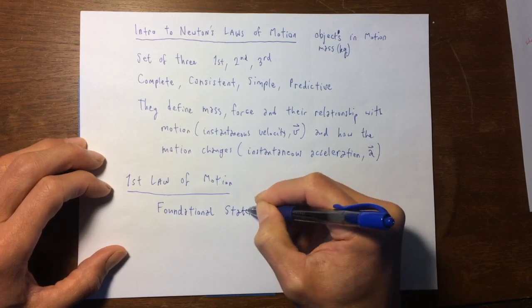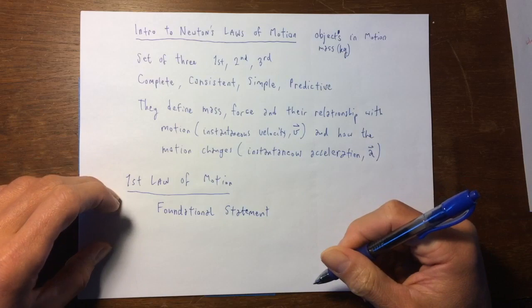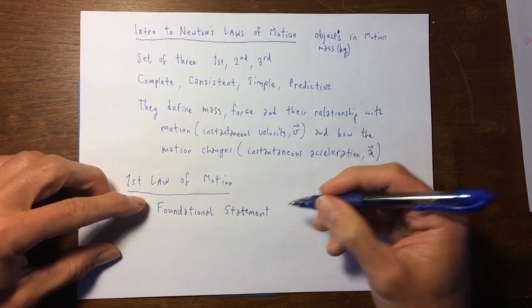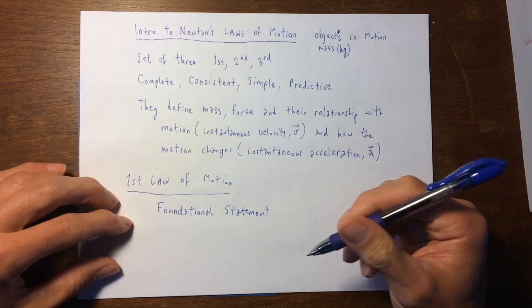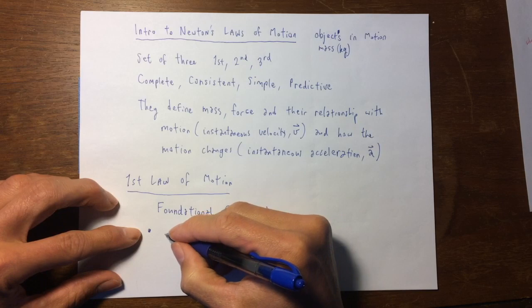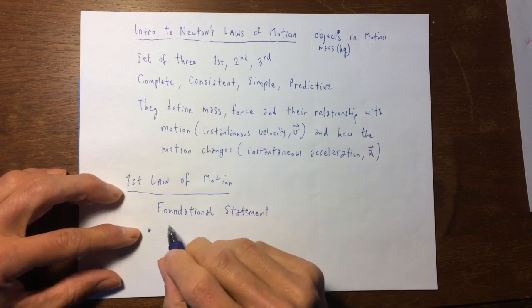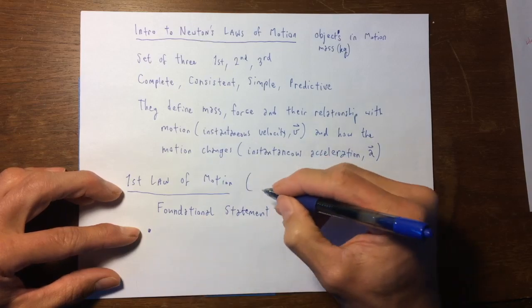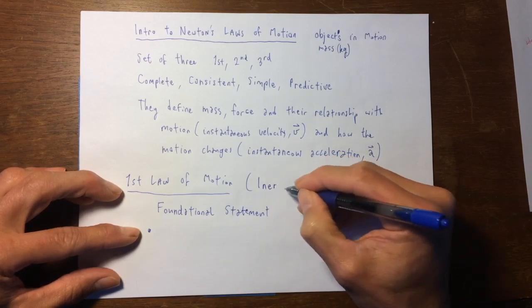So it's important. That's what foundational statement means. And in particular, the first law of motion is actually just a statement of what is meant by a very special word called inertia.